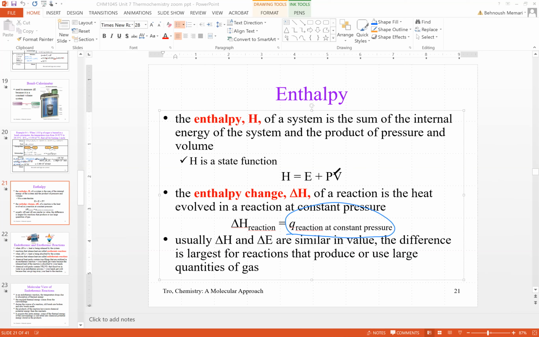If it's energy plus the work, or the pressure times the volume, at constant pressure, enthalpy is only related to the energy. The change delta H for the reaction, the delta sign being for the change, is the change in the energy caused by the reaction at a constant pressure.